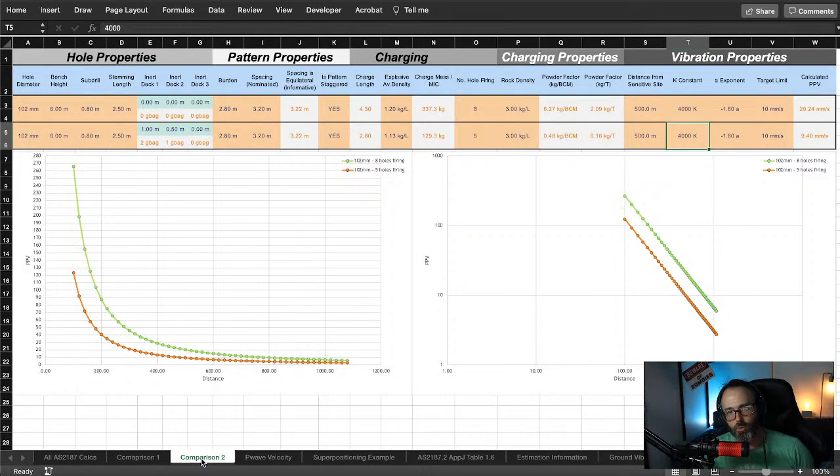So that's a people control, but it's not a structure control. So the only other way we can do that is by getting the blast further away from the structures that are important, that we want to protect.